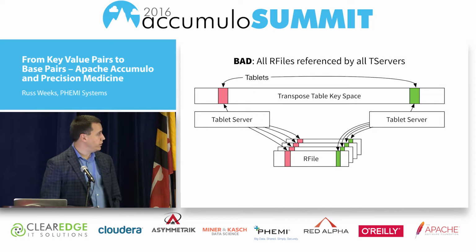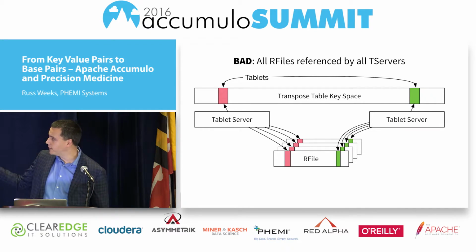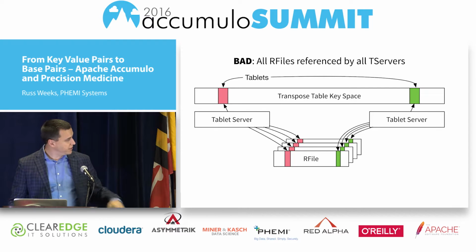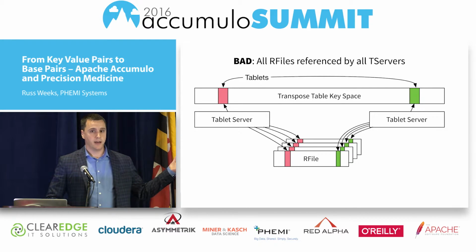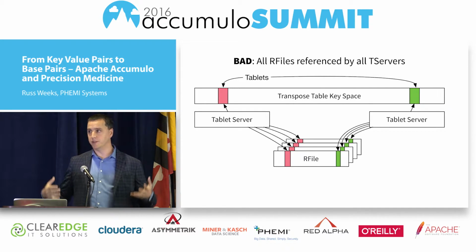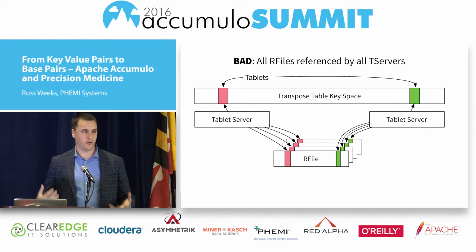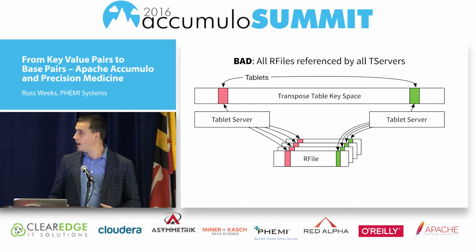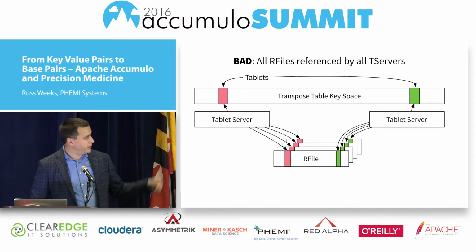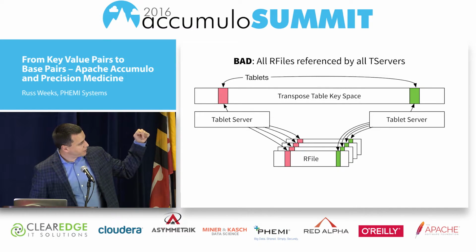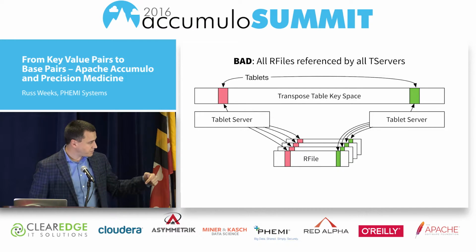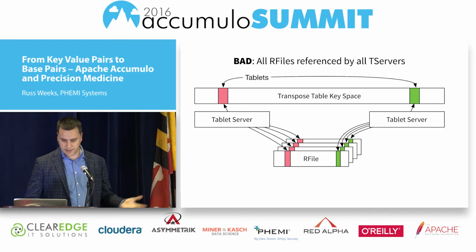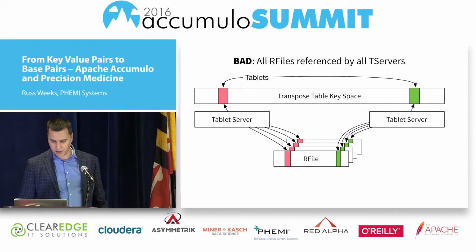And you'll know that you're in this situation because your cluster is just compacting like crazy, nonstop, and your bulk ingests start to get stalled because every chunk of your key space is referenced by every R file in your system. So it's the worst case scenario.